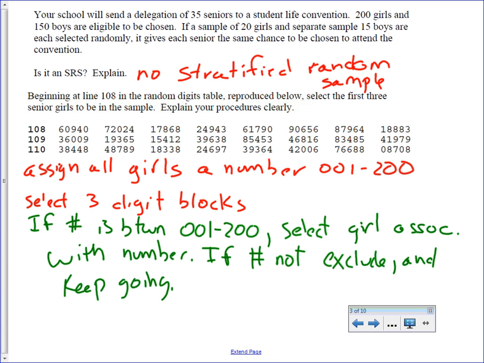So, ready? Starting at line 108. Exclude, exclude, exclude, exclude, exclude, exclude. Oh, that's a 1. It's very important that we get that. Exclude. There. First number selected is 179. Second number selected is 090.